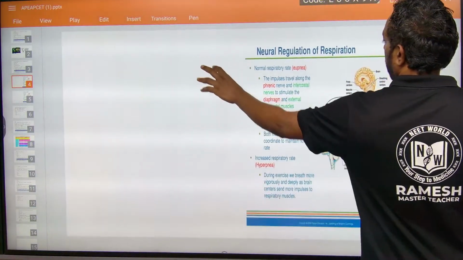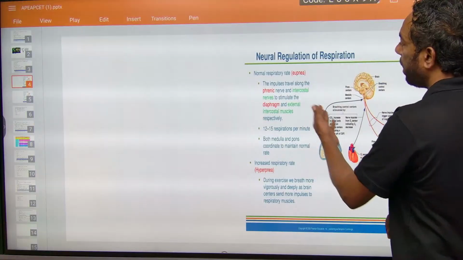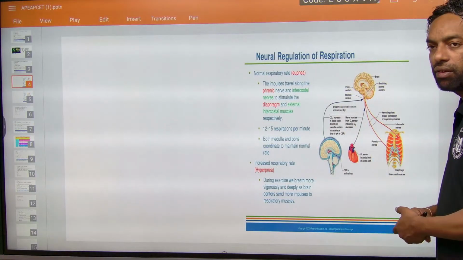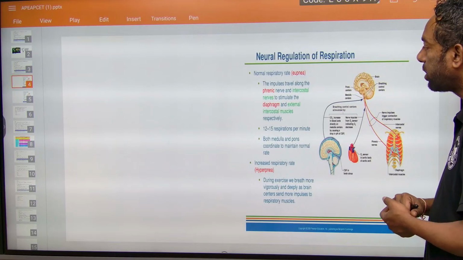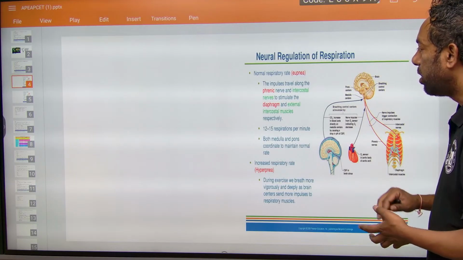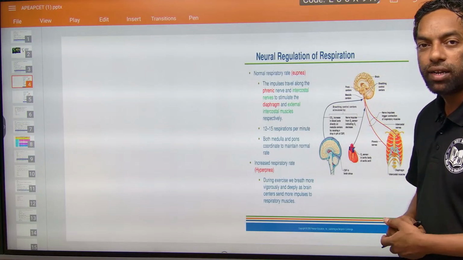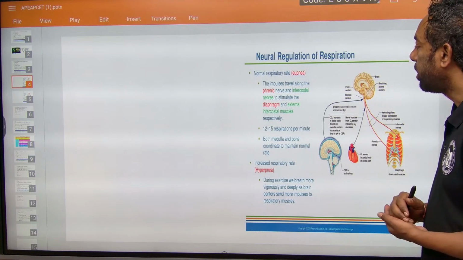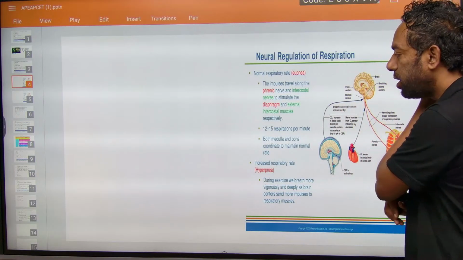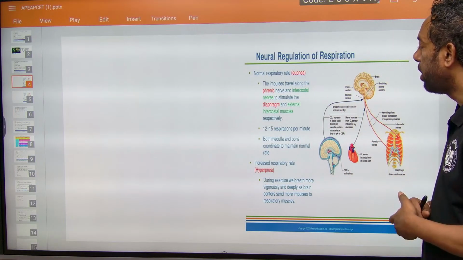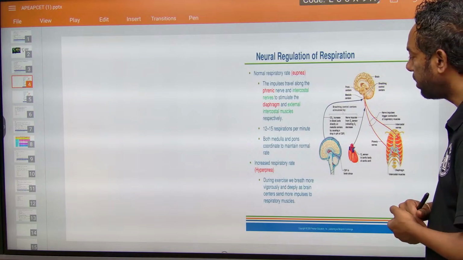Normal respiratory rate is eupnea. The phrenic nerves give the signal to the intercostal muscles. The diaphragm and external intercostal muscles contract under the medullary rhythmicity area. Actually, normal respiration is 12 to 15 times per minute.